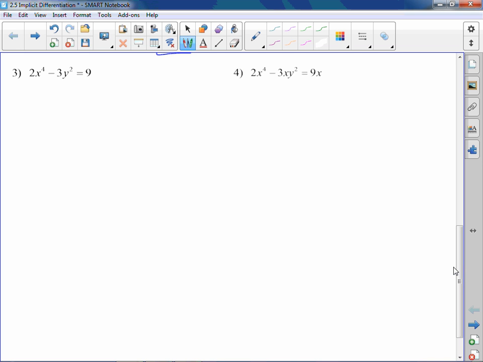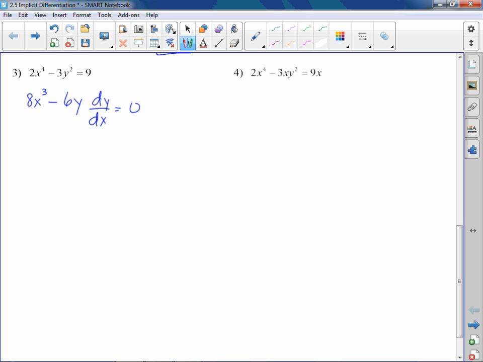Okay, so we want to take this 2x to the 4th, bring our 4 down, reduce by 1, minus 3, whoops, excuse me, not 3, minus, take the derivative of 3y squared, you get 6y to the first, and then you put that dy/dx next to it. And again, it's equal to 0 because it's a constant.